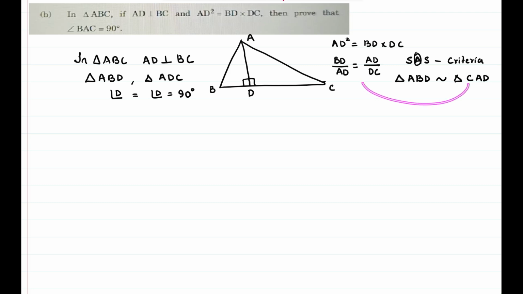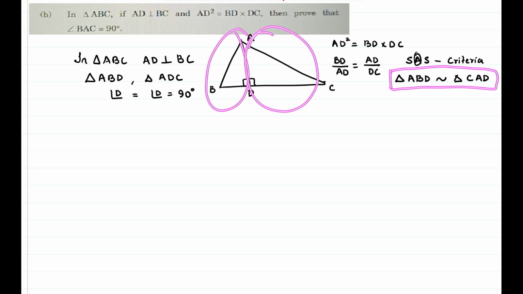You cannot write the ratios of any triangle whatever you feel like. From the given information, or from the position of the triangle, we have to write the ratios, because these two triangles are not mirror images.